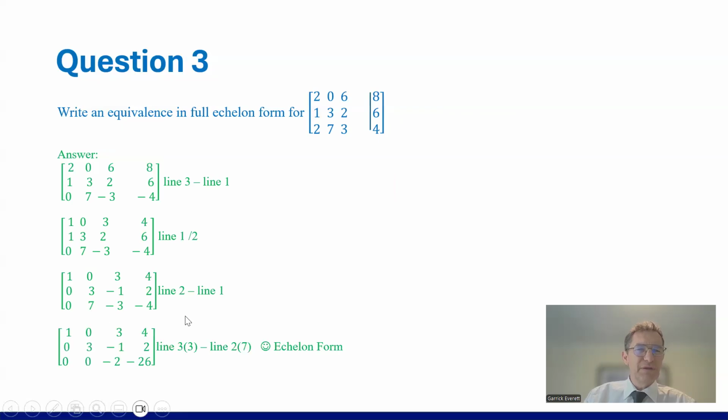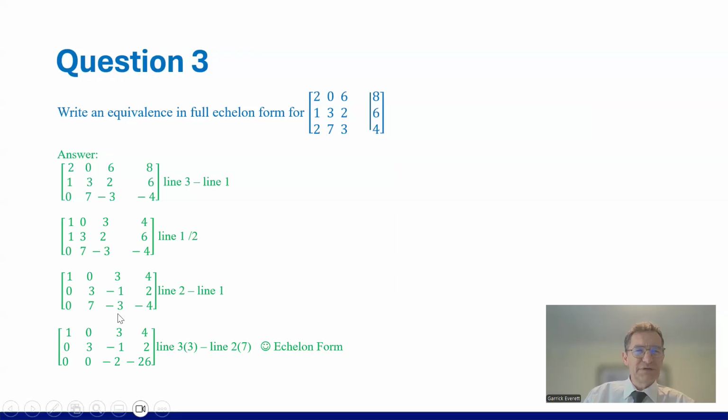And now I'm going to do line 3 times 3 minus line 2 times 7. So line 3 times 3 makes this 21, and it makes this 21. So that's going to subtract. And line 3 times 3 here is -9, minus line 2 times 7, so this is going to be plus 7.